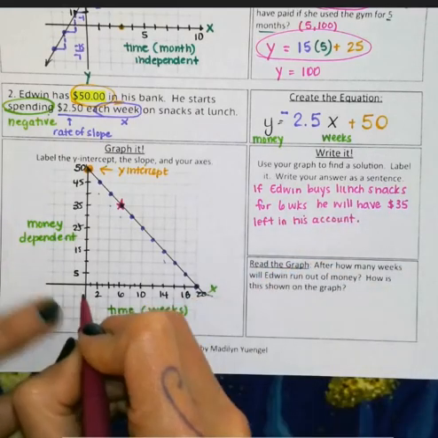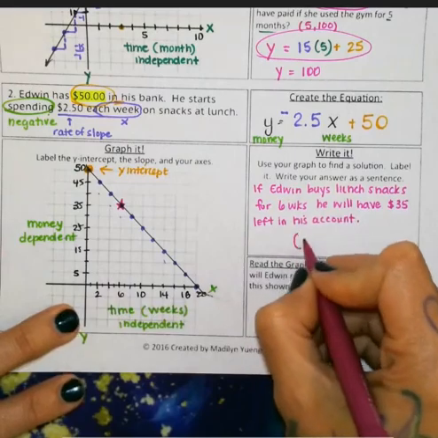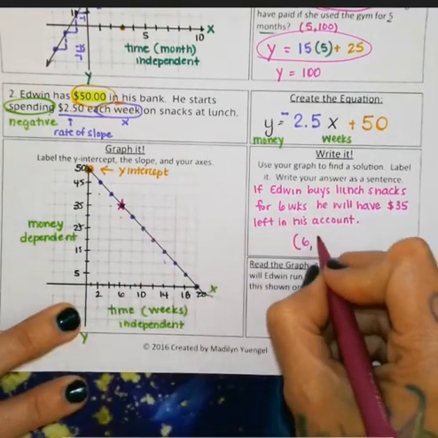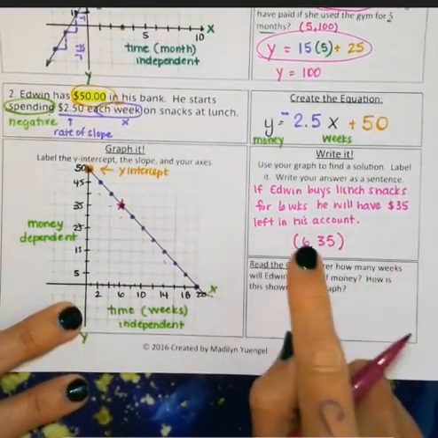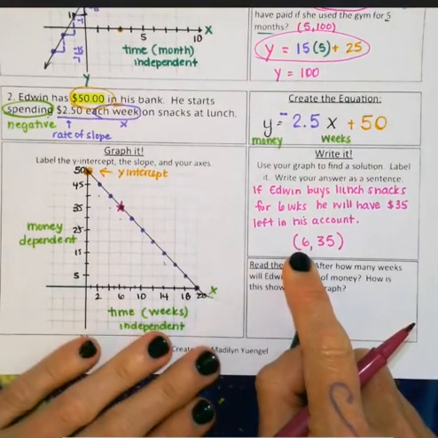Again, as a coordinate, we went over to 6, so our x value is going to be 6, and we went up to 35. So track for 6 weeks, there's $35.